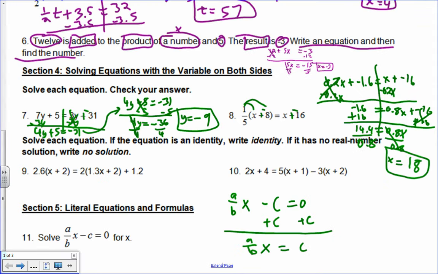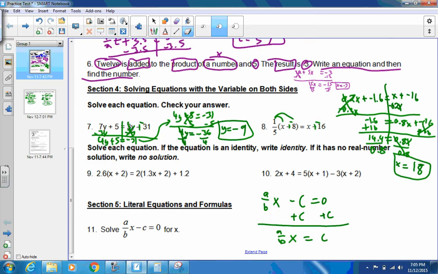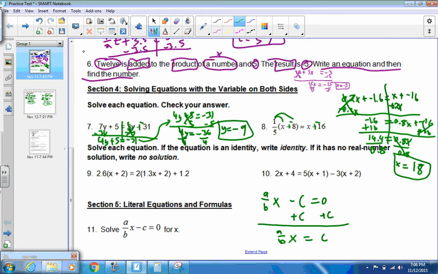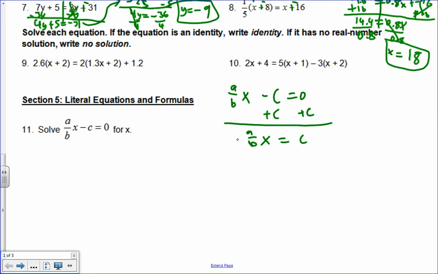So really you're just multiplying by, oh shoot, got to put the marker back on here. We're going to multiply that side by the reciprocal, and the reciprocal is just a flipped version of it. That'll cancel out the a's and the b's. But then you do that to the other side as well, times b over a.